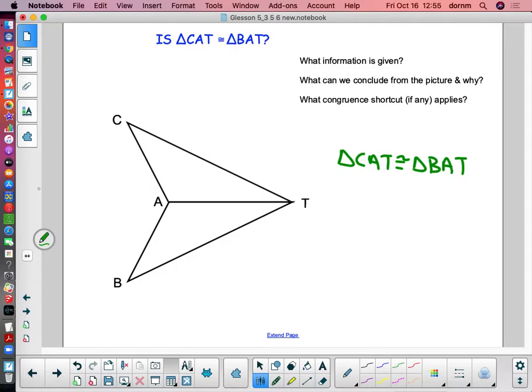How about here? Do I have congruent triangles? Yes, absolutely. Which shortcut? Well, the easiest one we get, side, side, side. How about now?